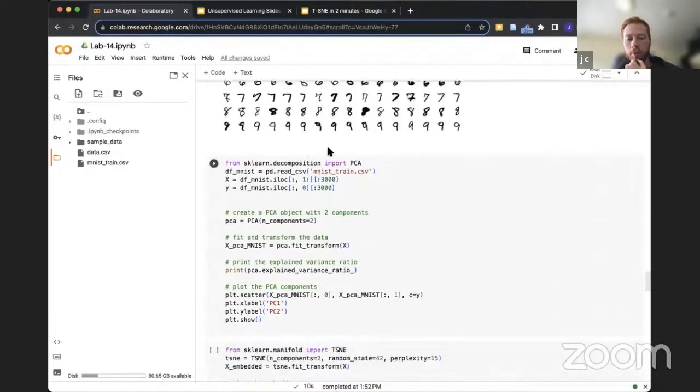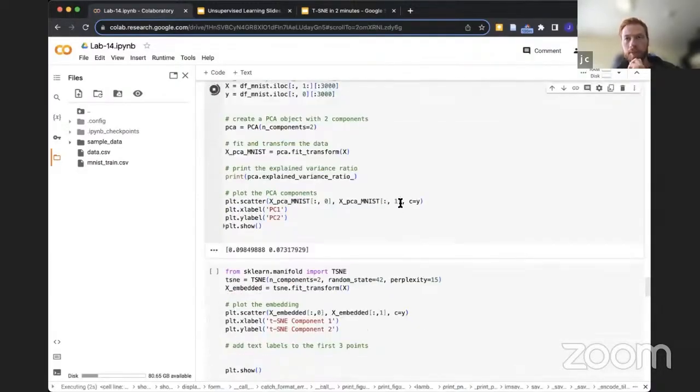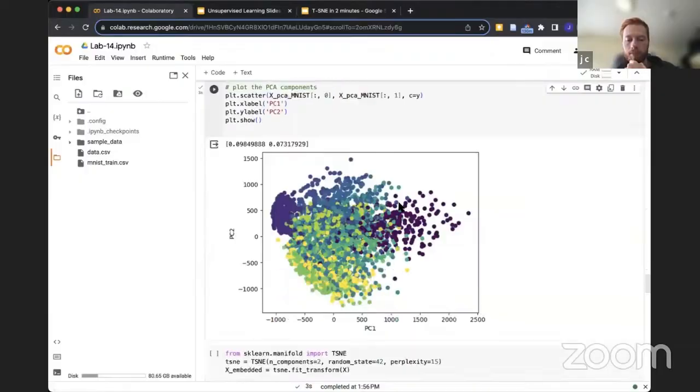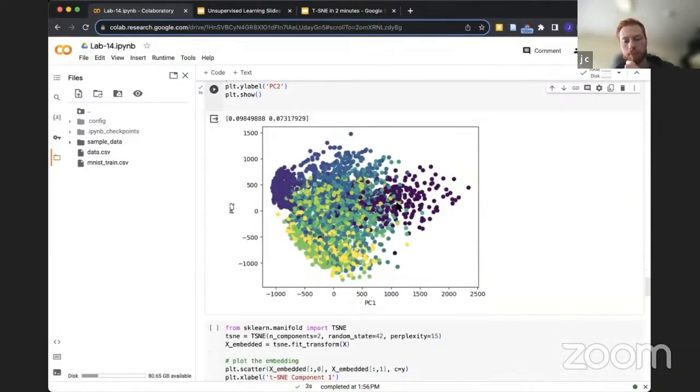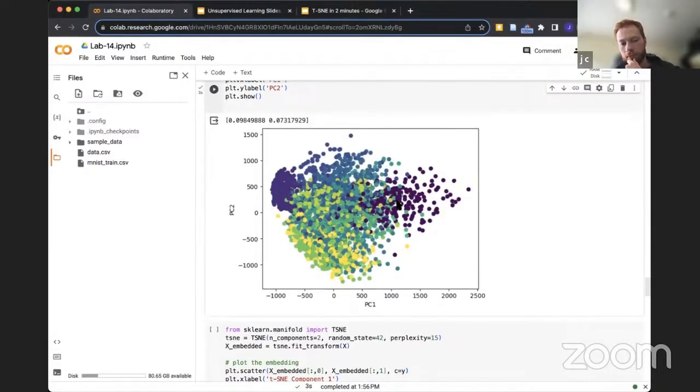Okay, we could run PCA. So we run PCA on the first 3,000 columns, and let's see what happens.